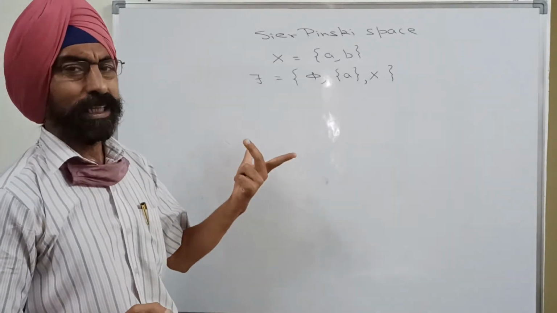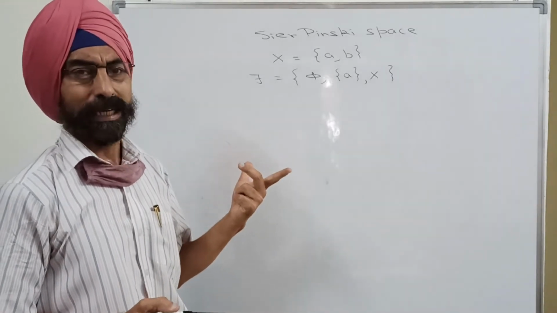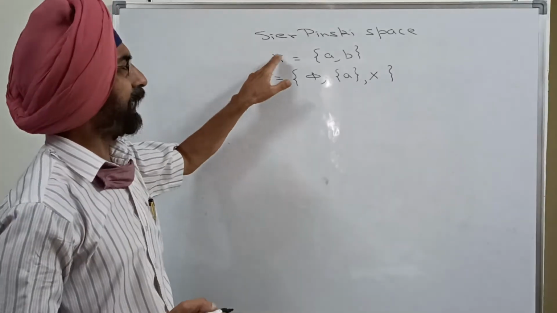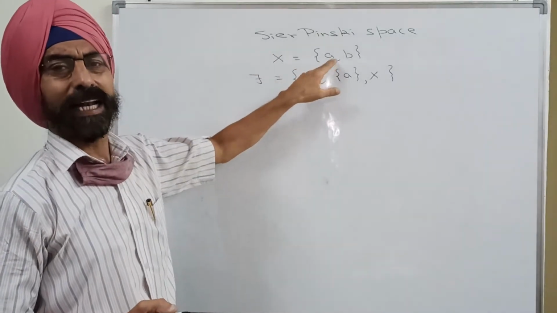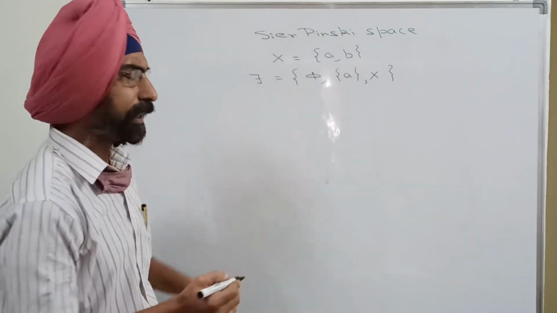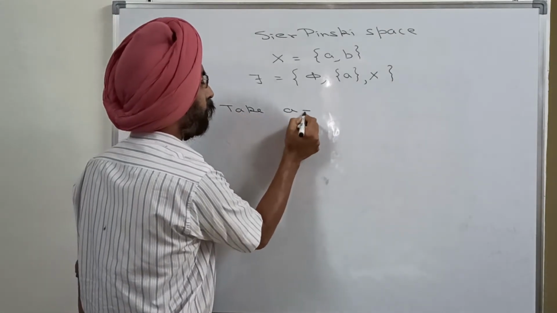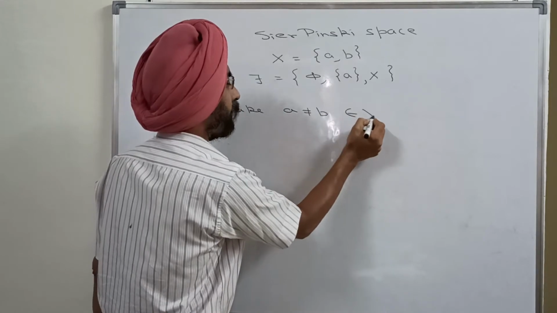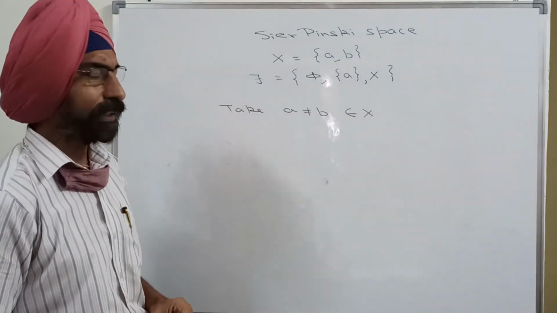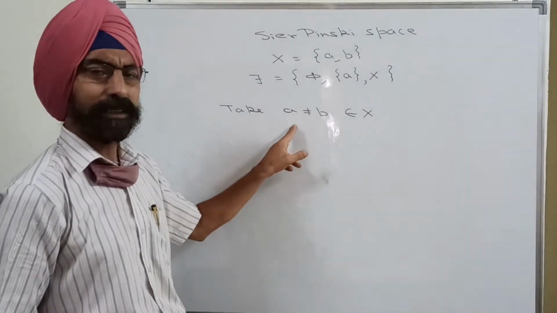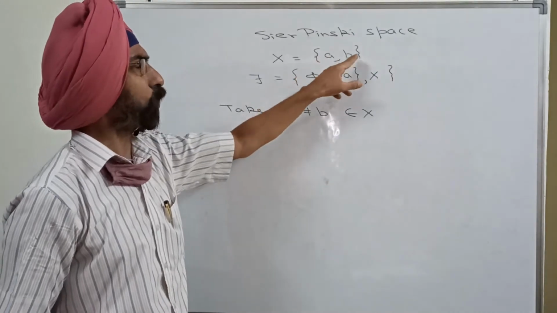Now we need two distinct elements from X, and X is having only two elements, so we will have to work with these two elements only. So take A not equal to B belonging to X. We in fact wanted two distinct elements, and there are only two elements.